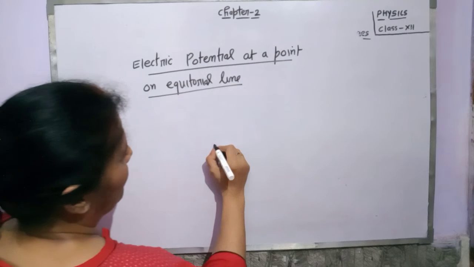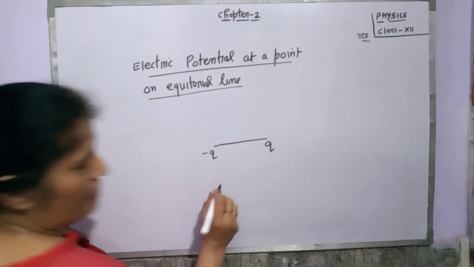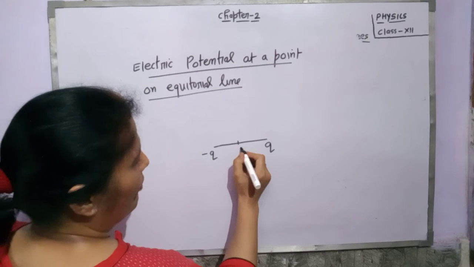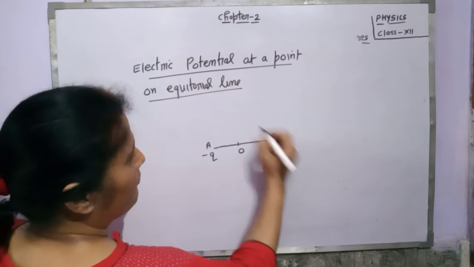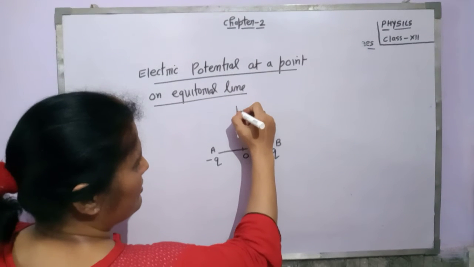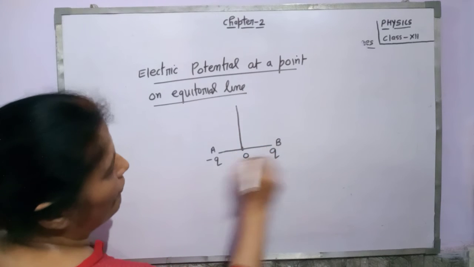You know it here that this is your minus Q charge, this is your plus Q charge, and this is the midpoint of an electric dipole. This point is represented by A, this is B, and P is a point such that it lies on the perpendicular bisector of AB.